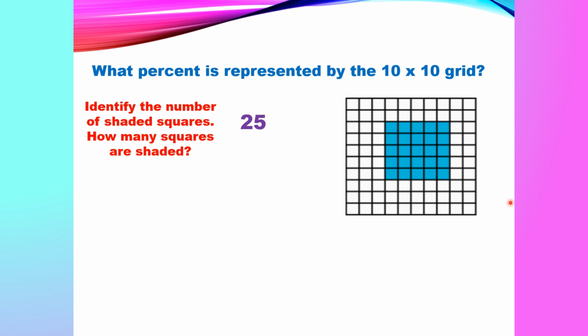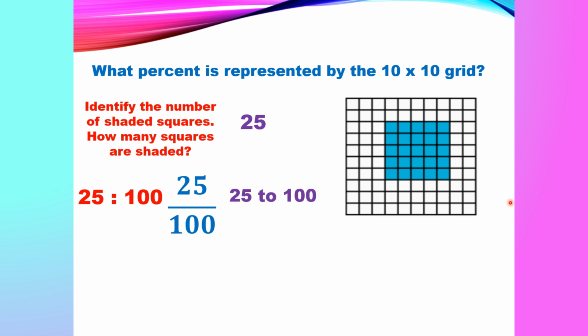Written as a ratio in column form, it's 25 to 100. In word form, it is 25 to 100. As a fraction, it's 25 out of 100. So remember that before a number can be represented as a percent, it has to be out of 100. So the shaded part is 25, so the percent is 25%.